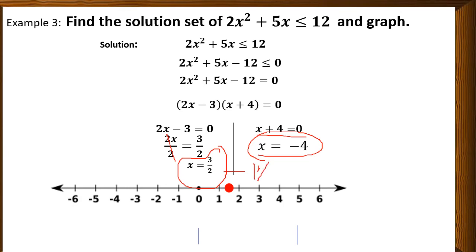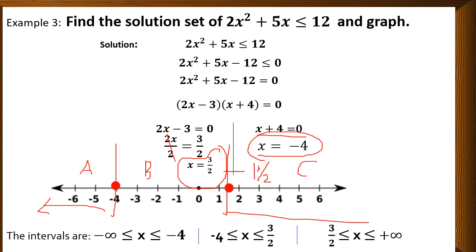So solid circle at 1 and 1 half, and also solid circle at negative 4. So now the number line is being divided into 3 regions. We have here the first region going to negative infinity, and here the middle part is the second region. I'll label this as B, and going there is the third region.